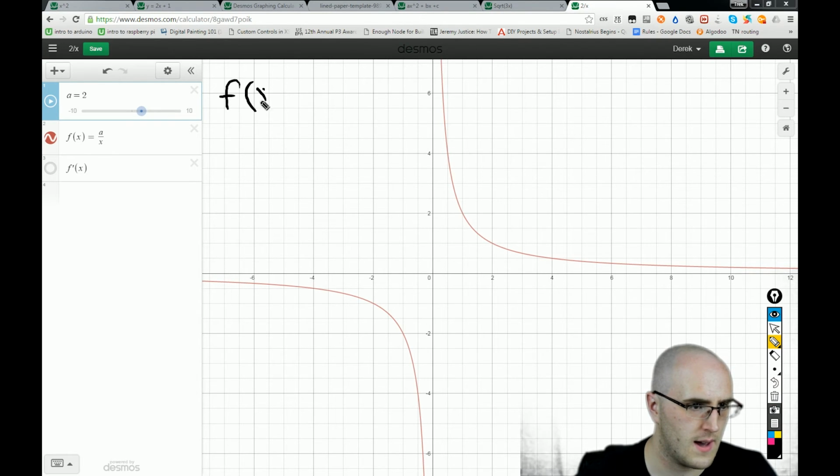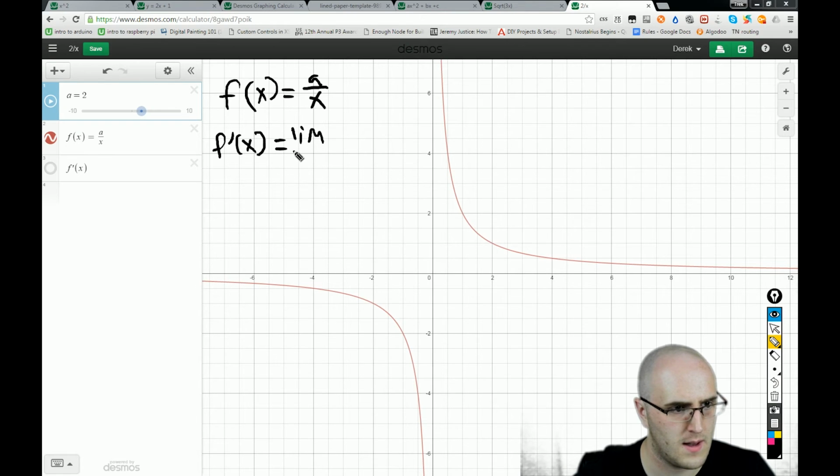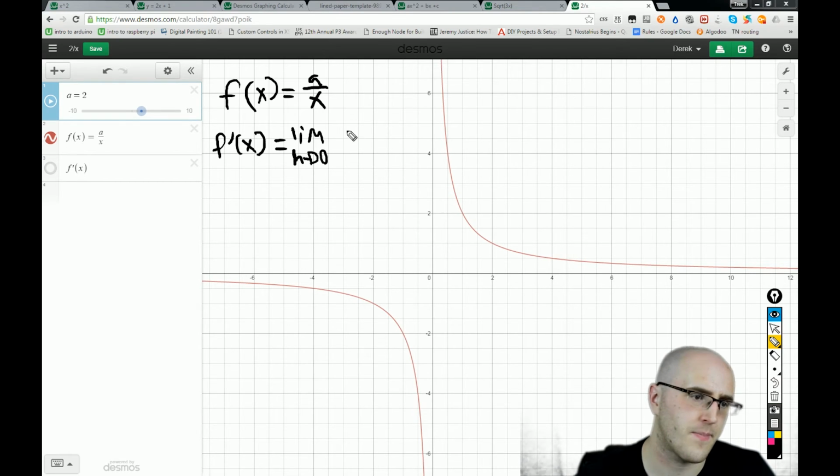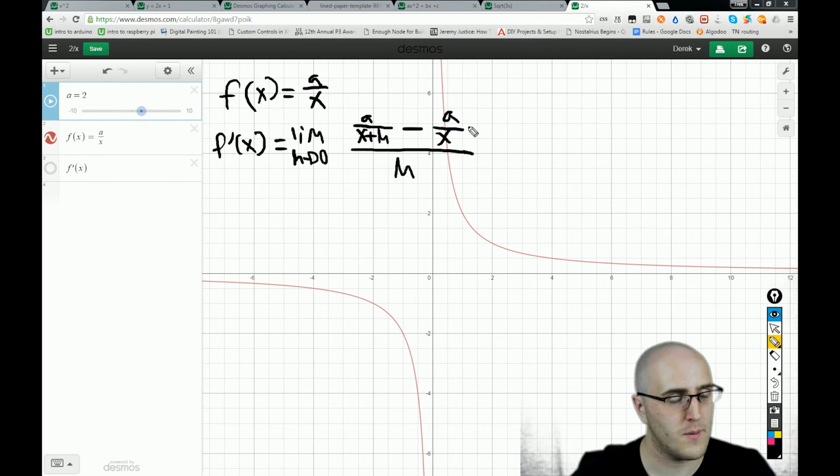f of x is equal to a over x, and we want to know f prime of x, which is equal to the limit as h approaches 0 of a over x plus h minus a over x, over h. To get rid of this, I'm going to multiply by our missing denominators to get like values.